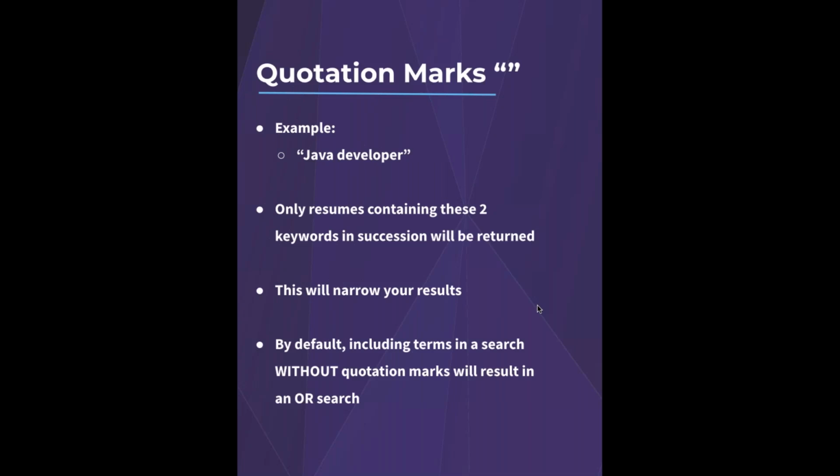Fourth one out of the 5 we're going to talk about are quotation marks. So in this example, Java developer. Only resumes that contain those 2 keywords in succession will be returned. So if it contains Java alone, it's not going to come back. If it contains developer alone, it won't come back. If it contains Java in one place and developer in another place, still won't come back.